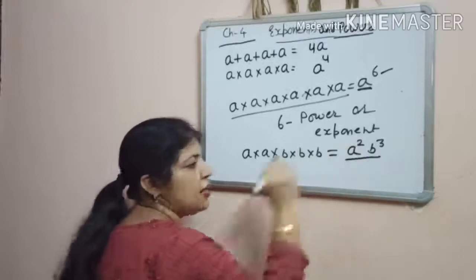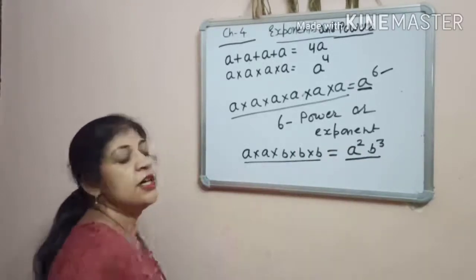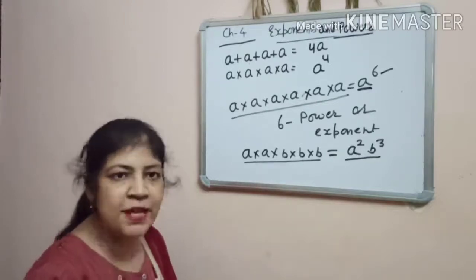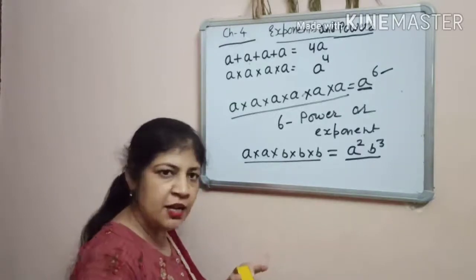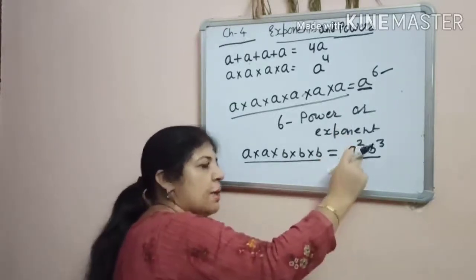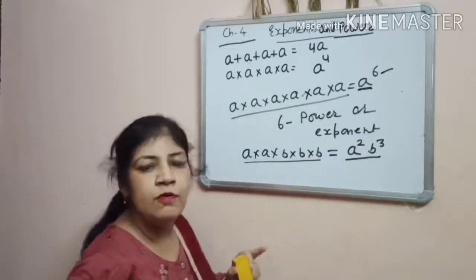So it is the exponential form, and this is called expanded form. You expand this term. Clear? So according to the power, we expand the given variable.